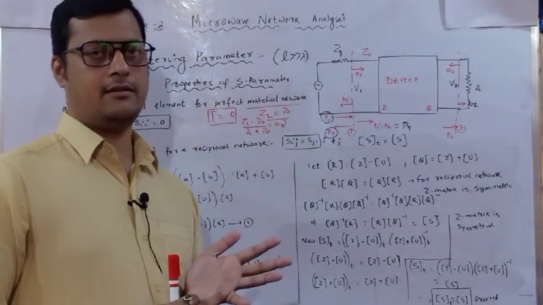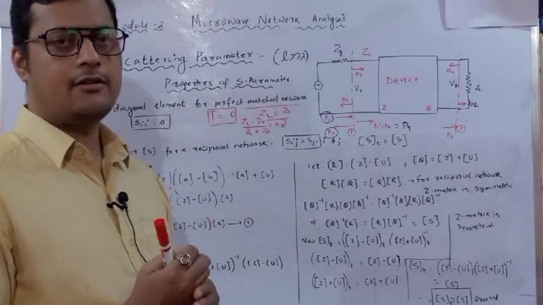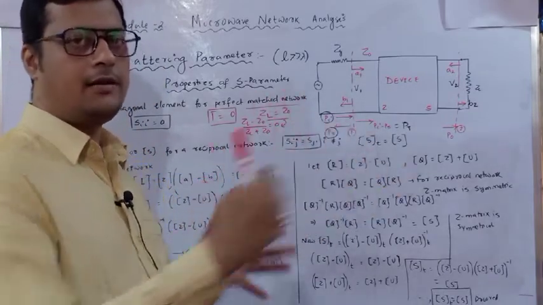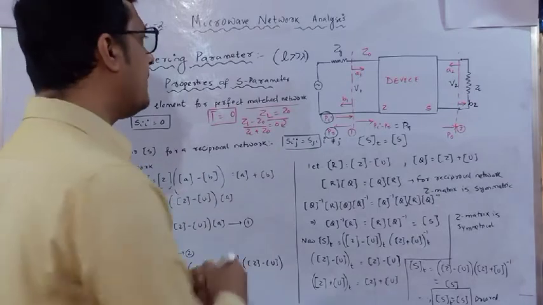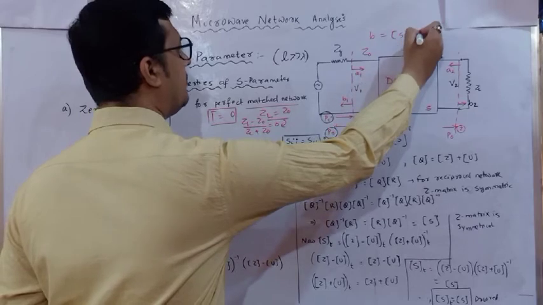B is the reflected normalized potential and A is the incident normalized potential. If you form a relation, you can see that B is equal to S into A.